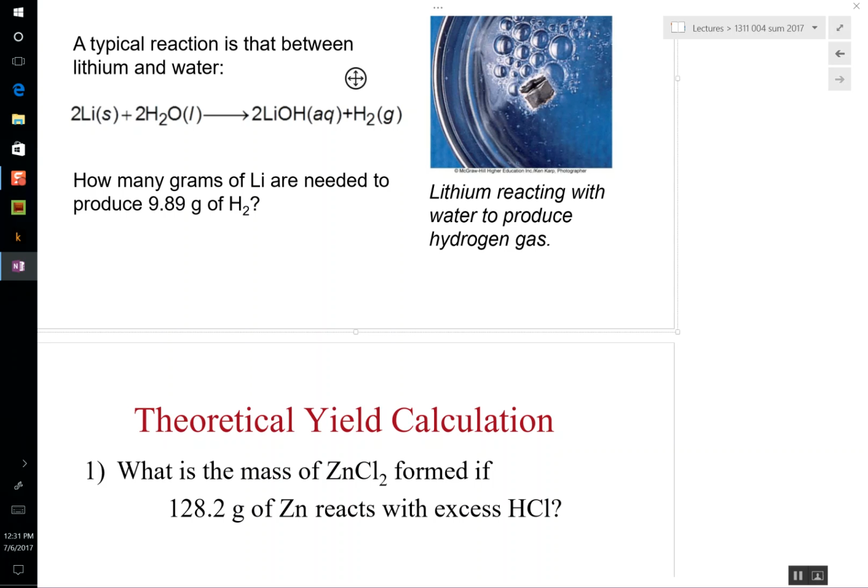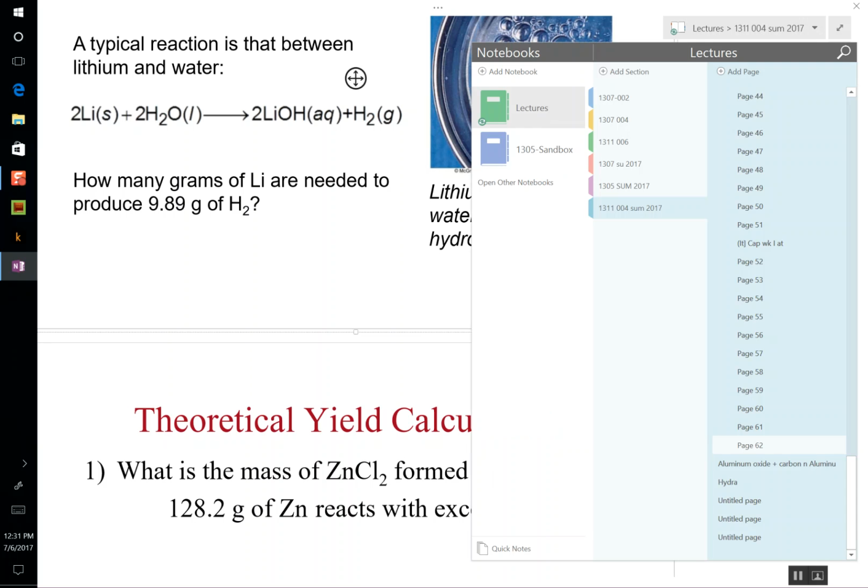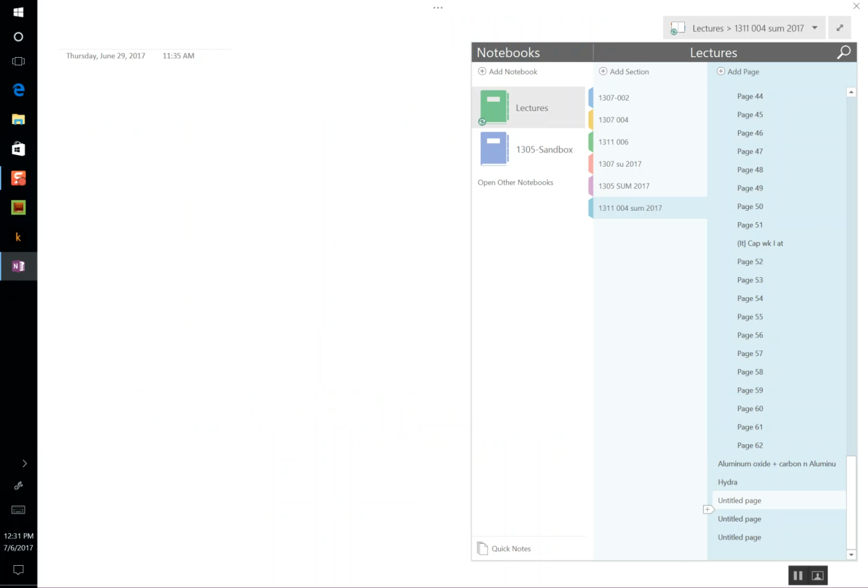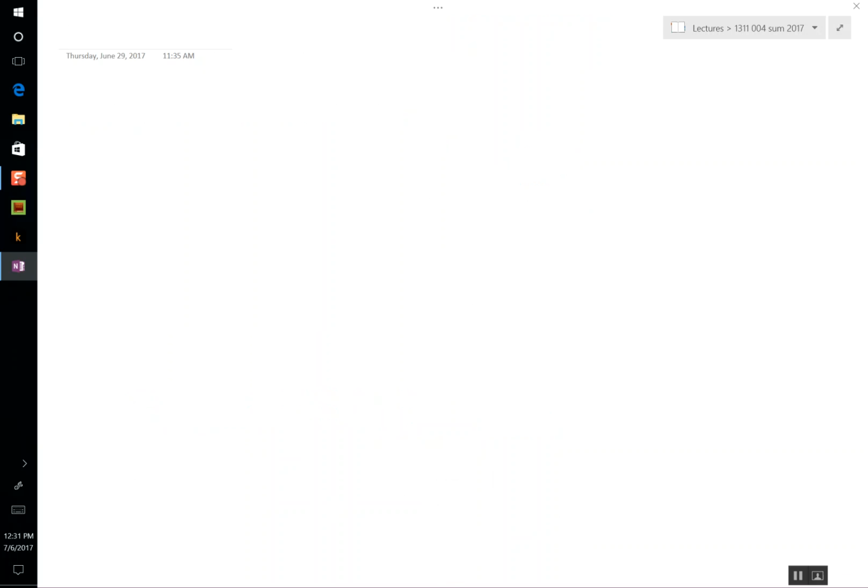I'm going to go back to the equation I introduced you to, aluminum, pretending we're back at Alcoa. I'll write some of them on the board, the kind of problem, and then I'll do it on here.